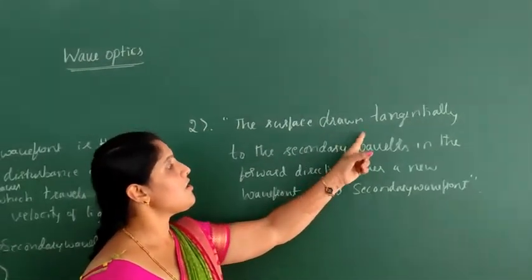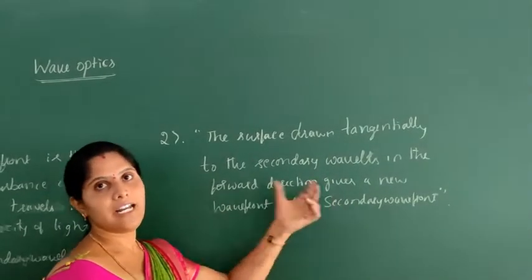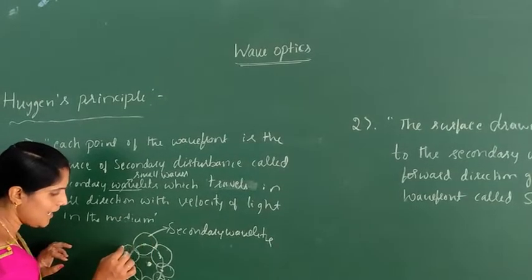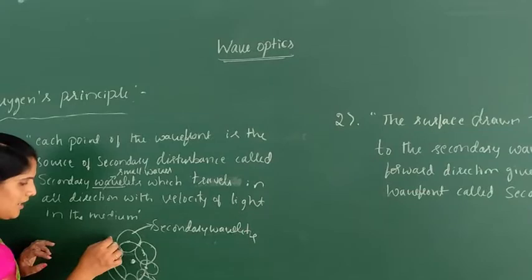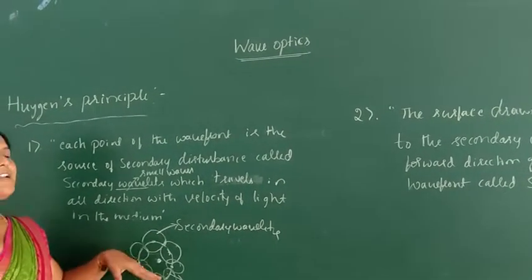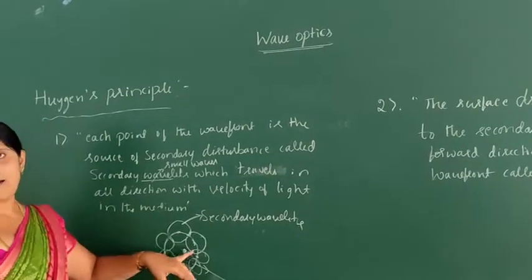We draw this tangent in the forward direction, not here, because the energy of light is transmitted in the forward direction. It does not transfer in the backward direction.